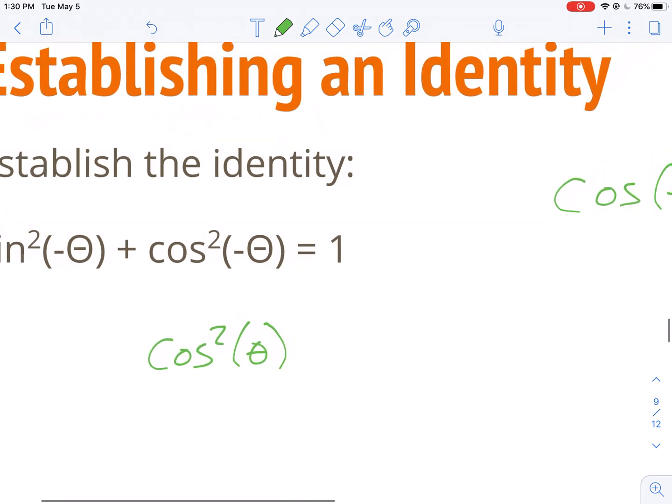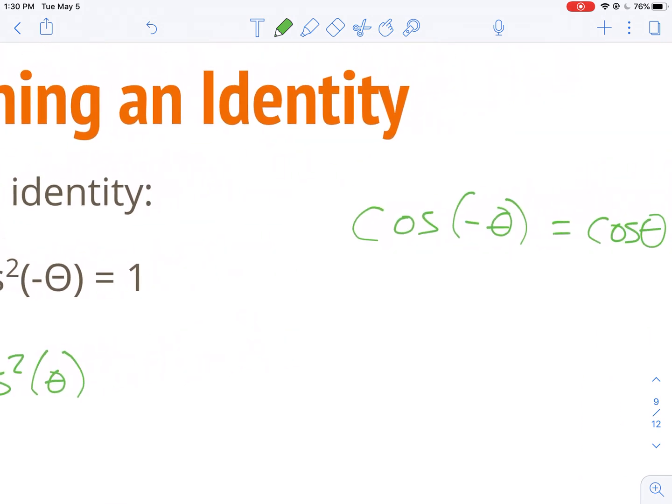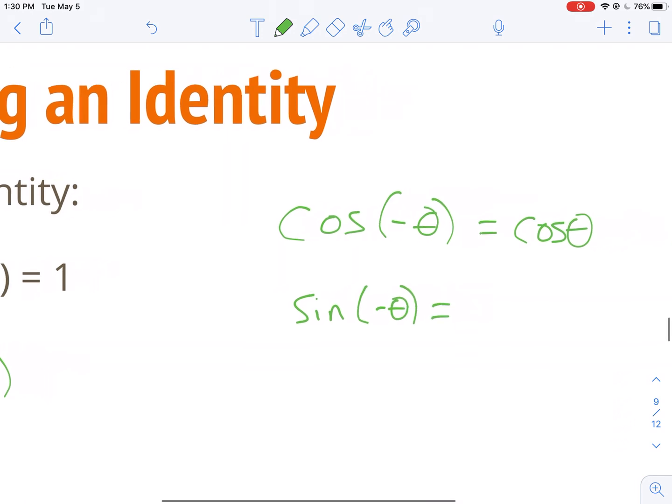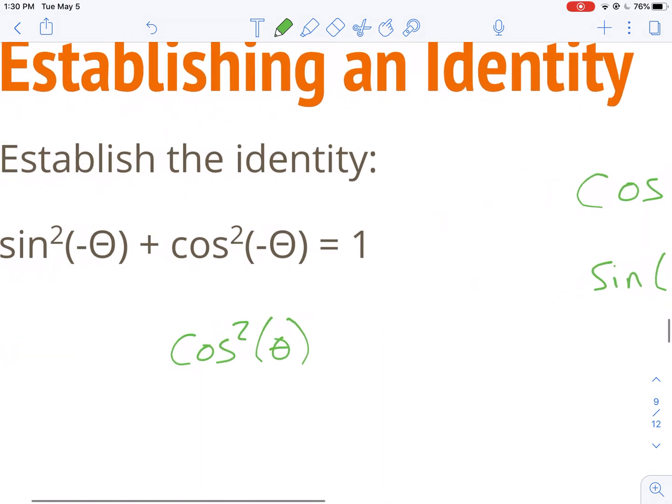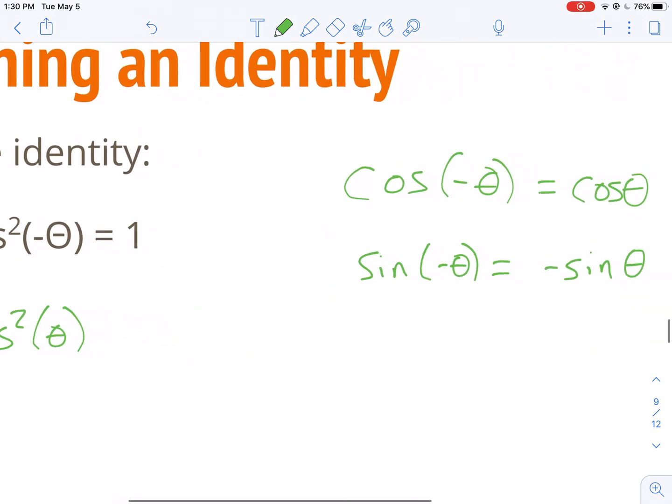What I can do for the sine of negative theta is the sine of negative theta is equal to the negative sine of theta. And remember, when we say sine squared of negative theta, what we're actually referring to is taking that sine of theta and then squaring it. Remember that I have this negative times the sine of theta and it's being squared.